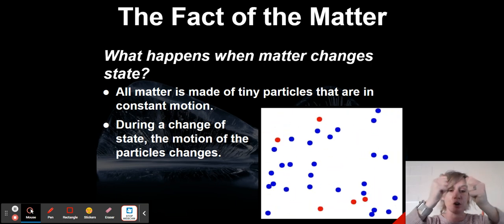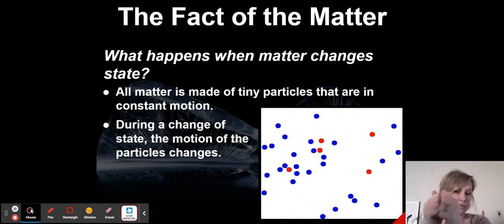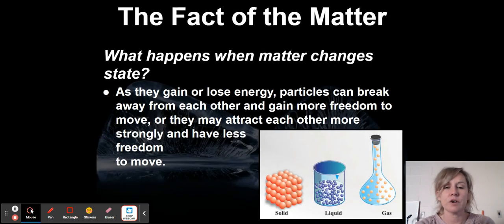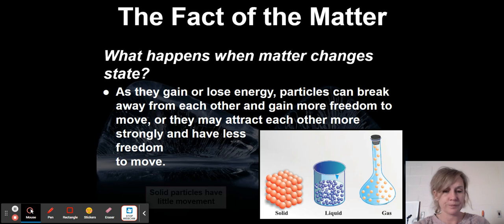They'll start to slow when we're talking about a liquid, and then hardly move at all when we're talking about a solid. As they gain or lose energy, particles can break away from each other and gain more freedom to move, or they may attract each other more strongly and have less freedom to move. Going from a solid to a liquid to a gas, there is more freedom to move.